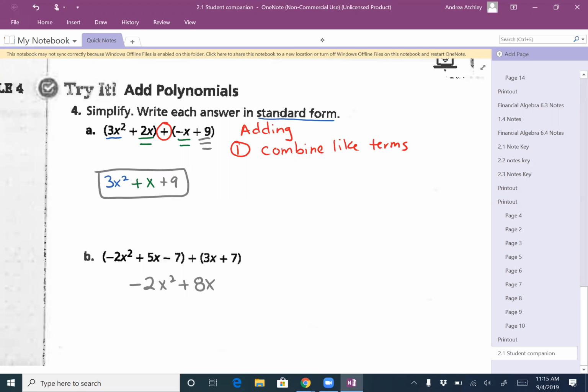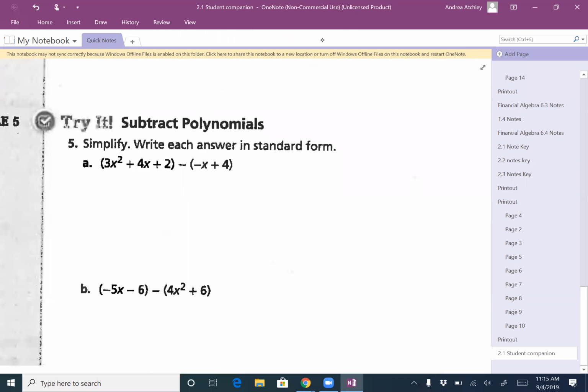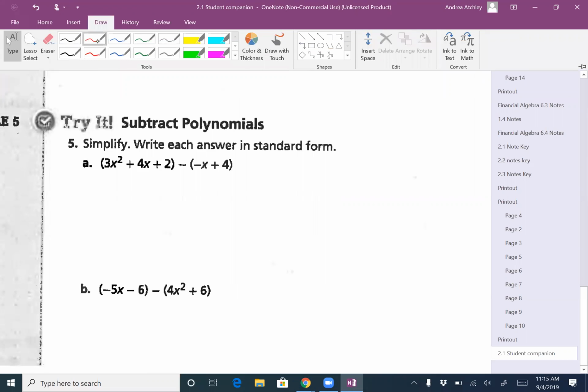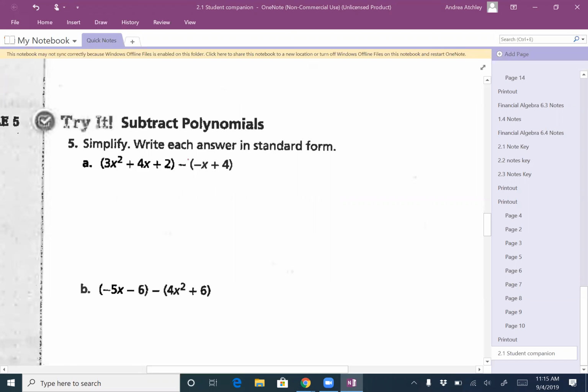Okay, next one, now we're subtracting. You can tell we're subtracting because in the middle, there's a subtraction sign. So we're going to subtract. Subtraction is slightly different than adding. Our first step this time is to distribute the negative.